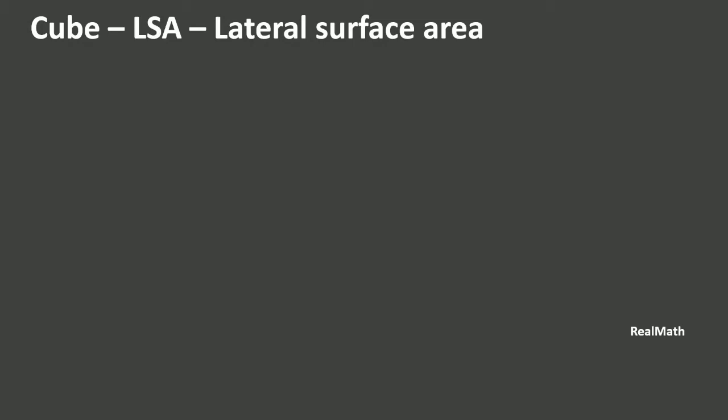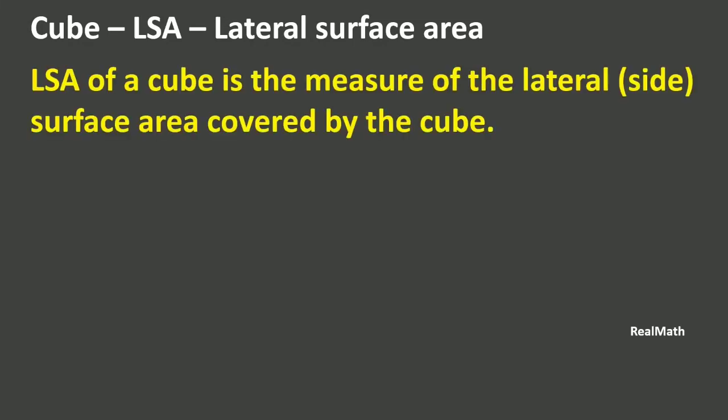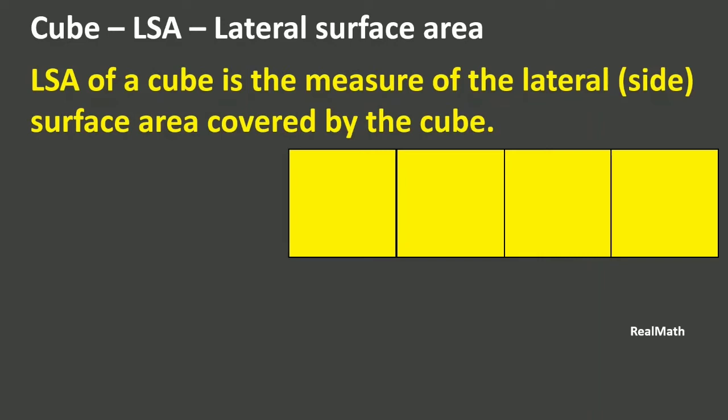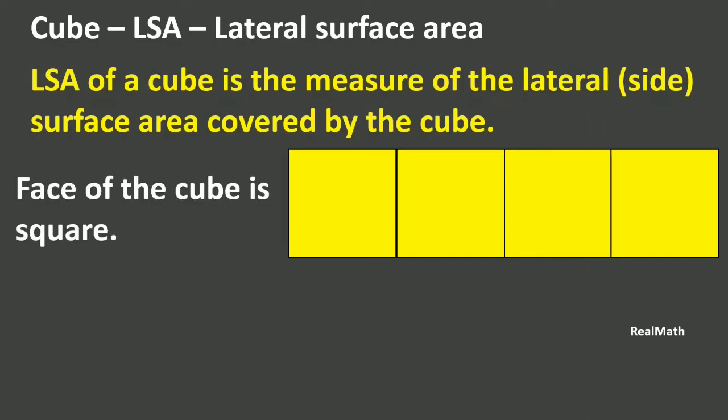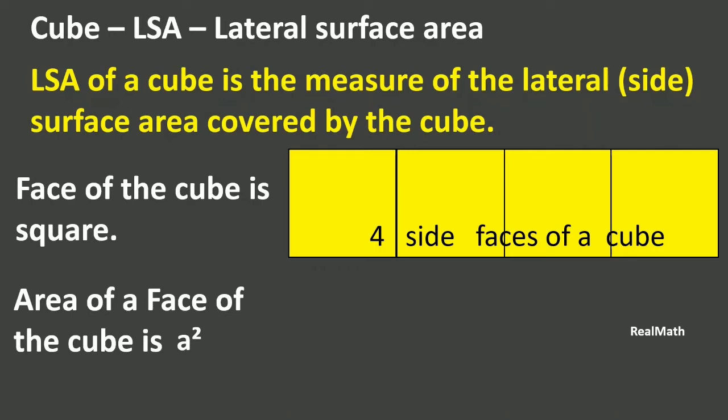Next is the lateral surface area. Lateral surface area of a cube is the measure of the lateral, that is side surface area covered by the cube. It has got 4 side faces. So, face of the cube is a square. There are 4 side faces of a cube. Now, area of the face of the cube is A squared.